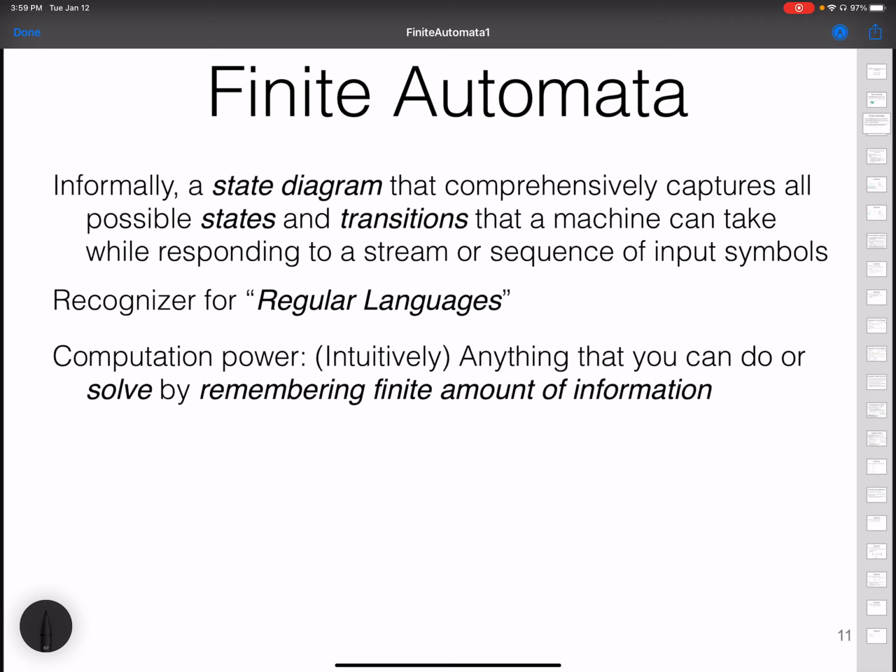That set of languages is called regular languages. This machine is very limited in terms of computational power. It cannot read the input more than once, and it cannot have access to an infinite amount of memory. The number of states you have in the control is kind of similar to the amount of memory that you can have, and it is finite.